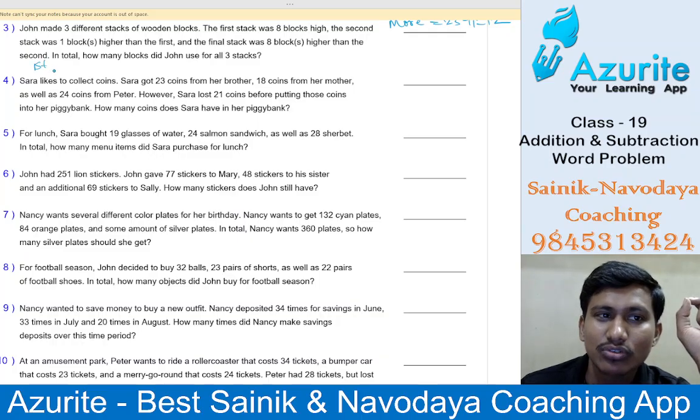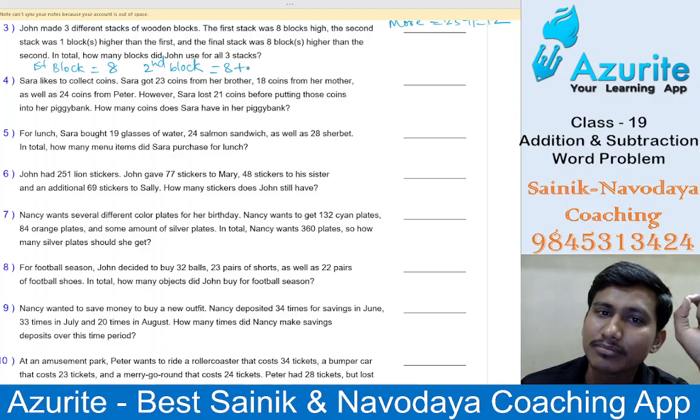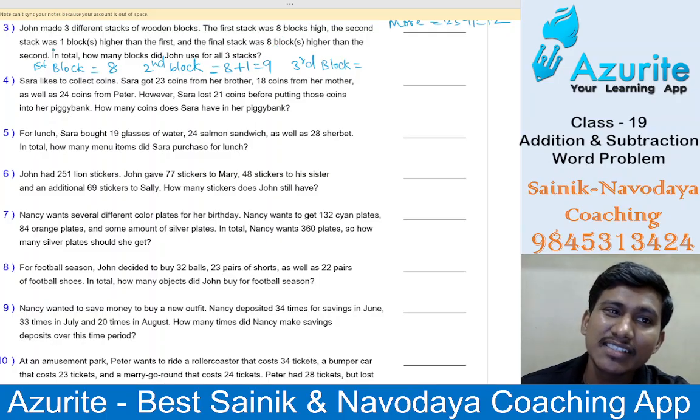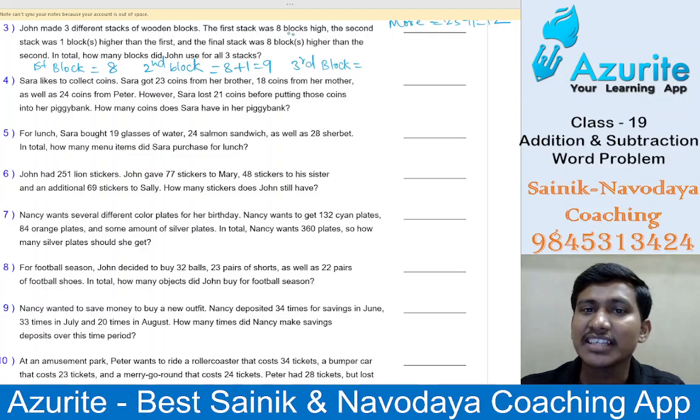First block is 8 blocks. Second block is higher than the first, so 8 plus 1, it will be 9. And third block is 8 blocks higher than the second. Second one is 9, 9 plus 8 would be 17.